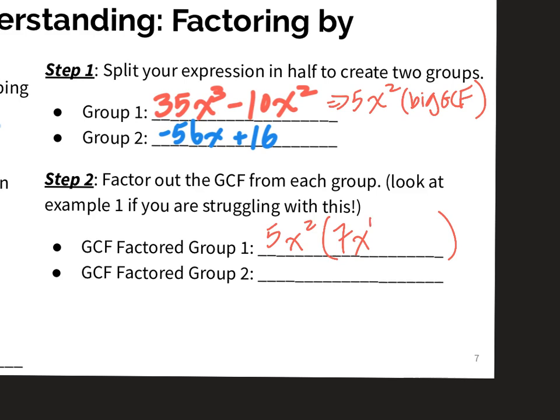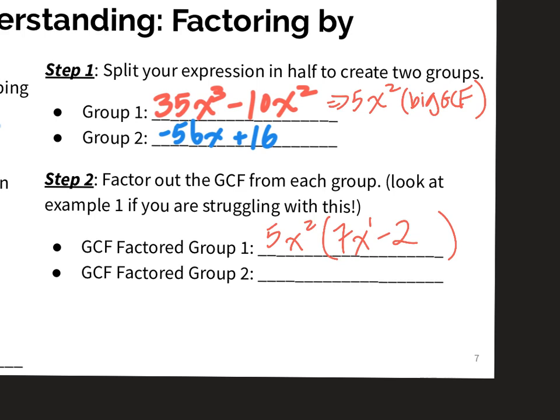I don't have to write that 1 there, but just for clarity's sake, I am. Negative 10x squared divided by 5x squared, right? So negative 10 divided by 5 is negative 2, right? 2 x's, take away 2 x's, there are 0 x's left, so I'm not going to write any x's over there, right? So this is my fully factored group 1 using my GCF method.